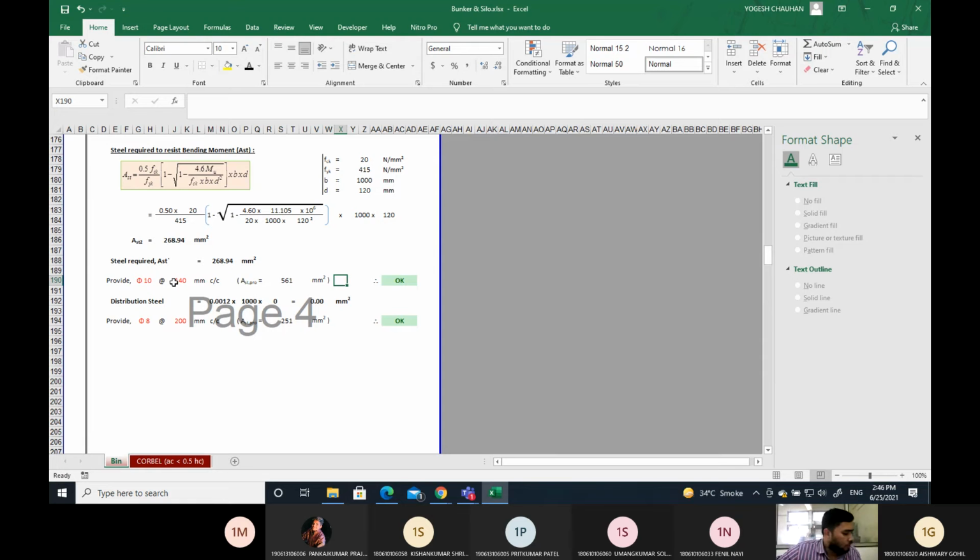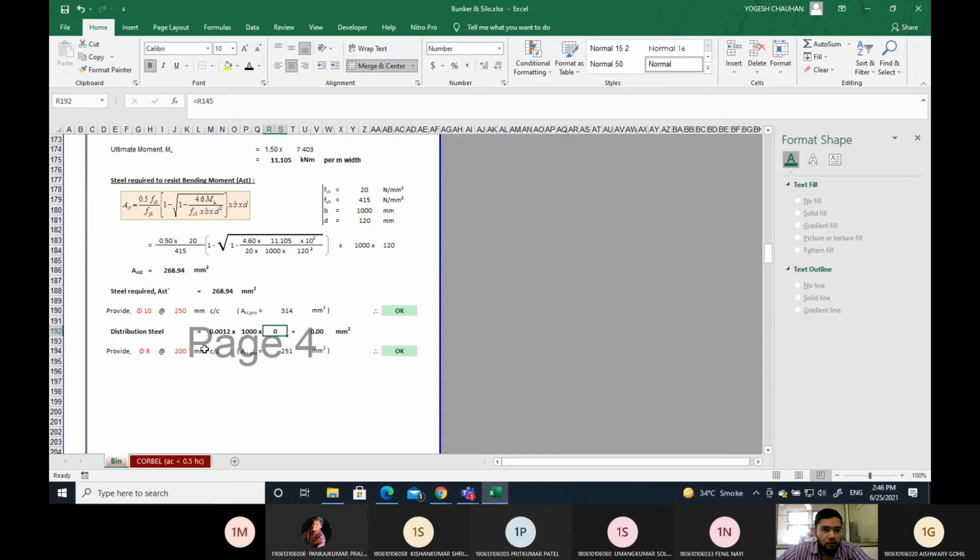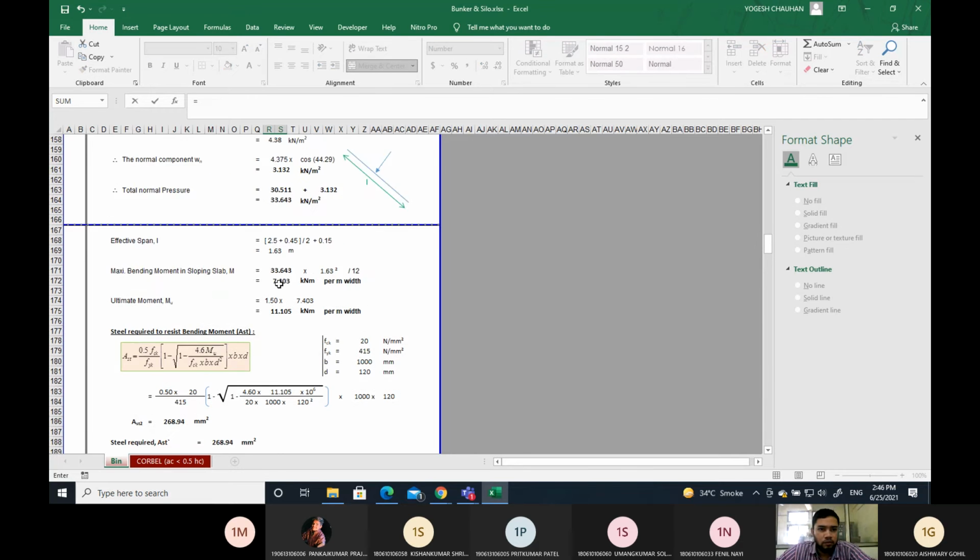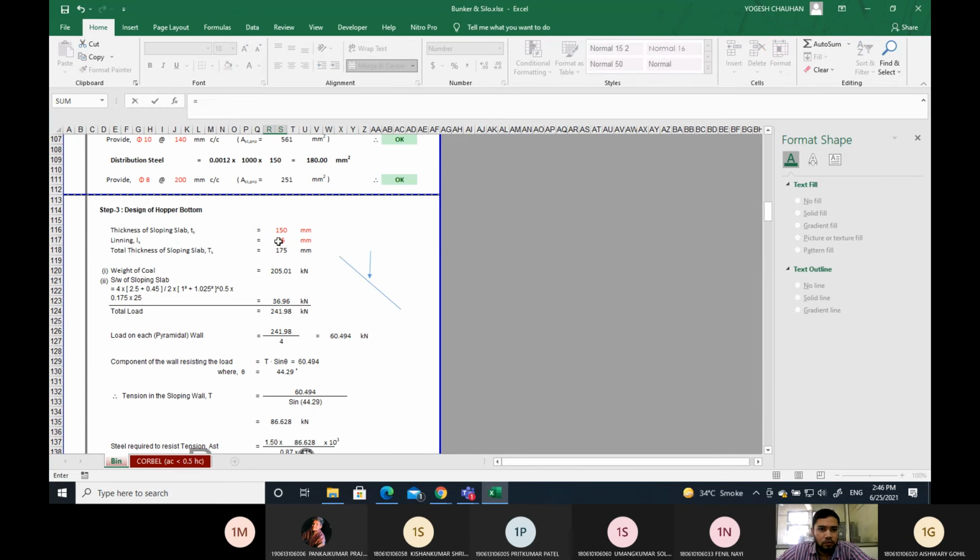Now let us provide 10 mm bar at 250 center to center. That will give you 314 mm square. So whatever steel we have provided, it is okay. Now for the distribution bars, this will be equal to this.